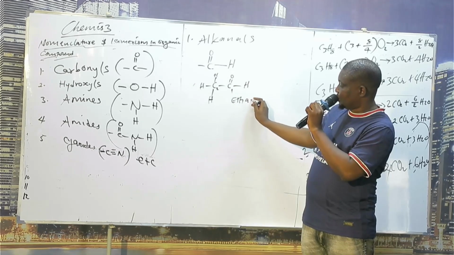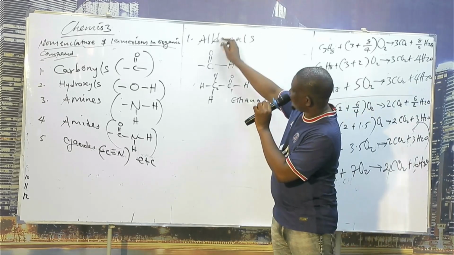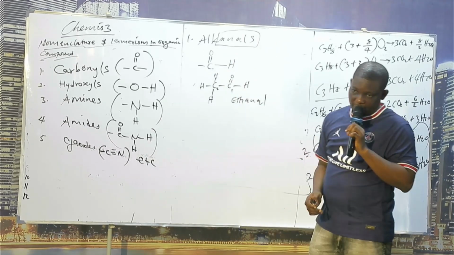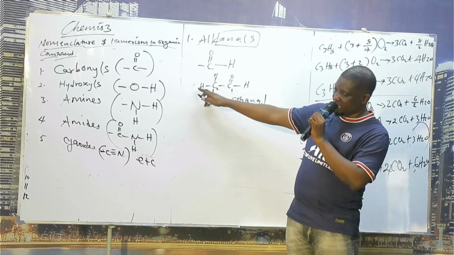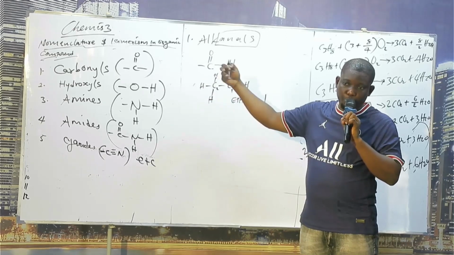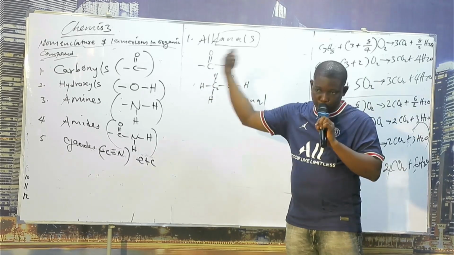The suffix is -anal. With 3 carbons in the chain, what name will it be? Propanal. With 4 carbons? Butanal.